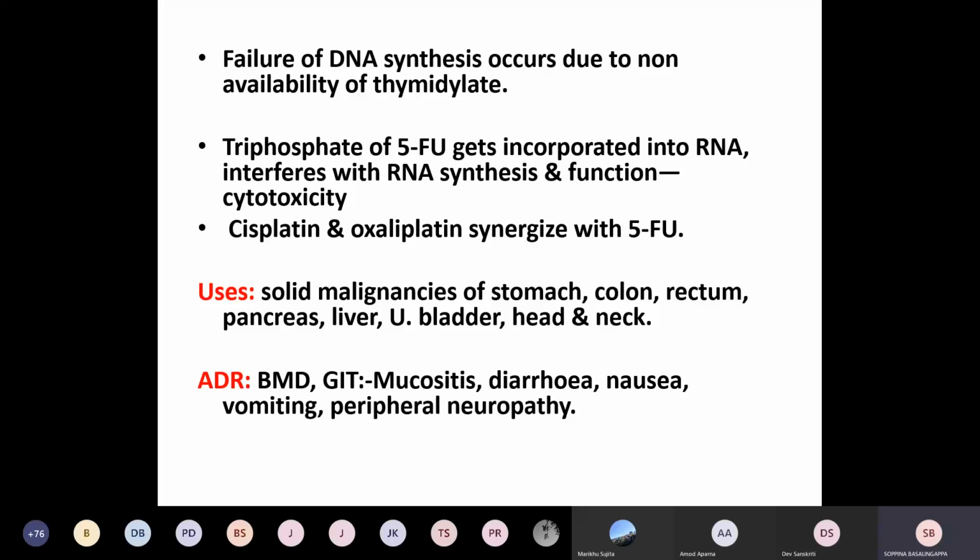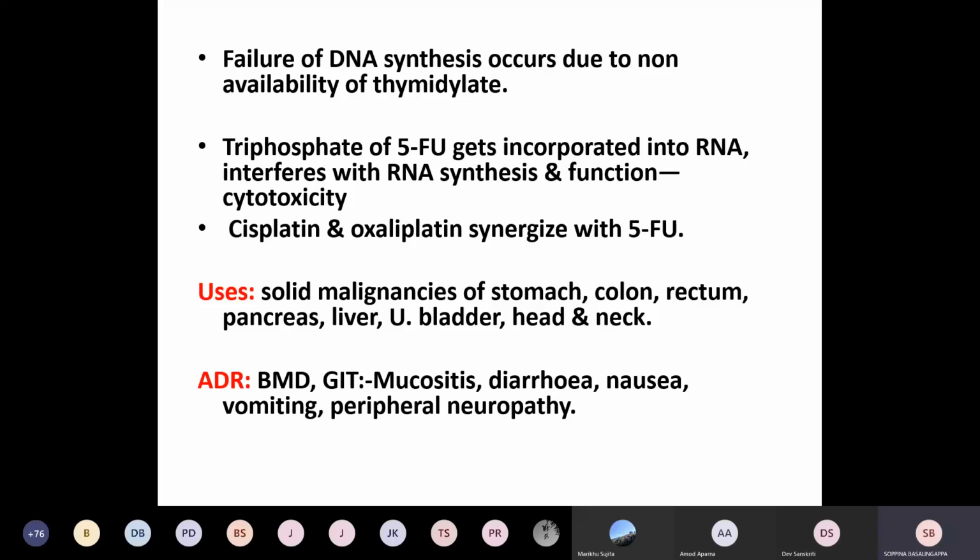So both DNA and RNA cannot be synthesized or function properly. Hence it acts as cytotoxic. Cisplatin becomes synergistic with 5-fluorouracil. Uses: solid malignancies of the stomach, colon, rectum, pancreas, etc.